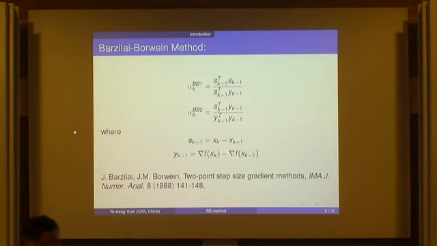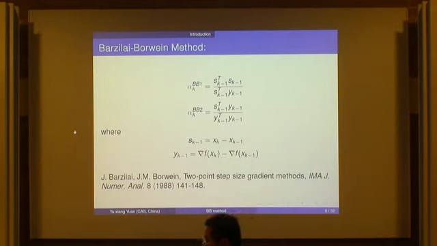One day, somehow, he was interested in the gradient method. Why is the gradient method not good? This is a paper, I think, he wrote with his PhD student, Barzilai. I was very fortunate because I was one of the referees for the paper, so I know the method really firsthand.